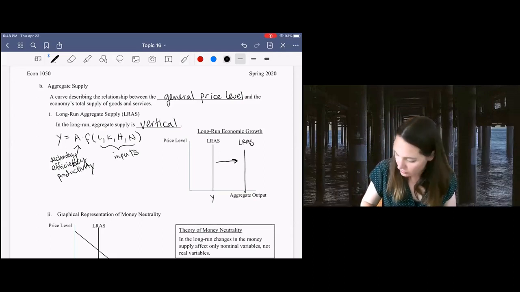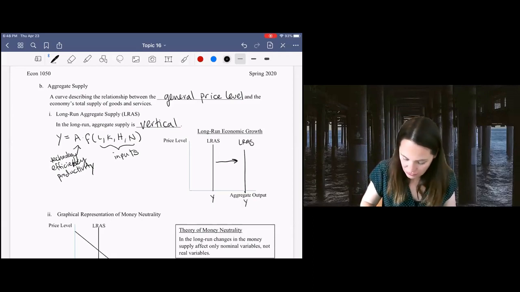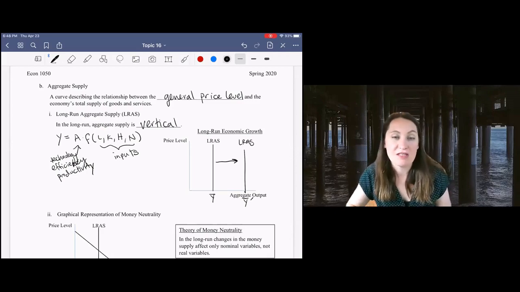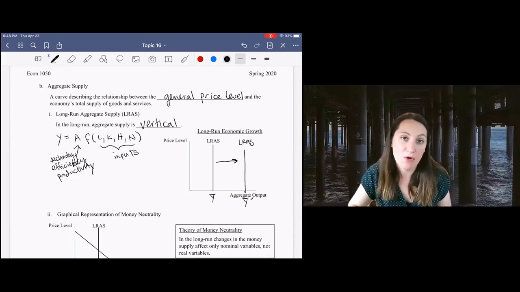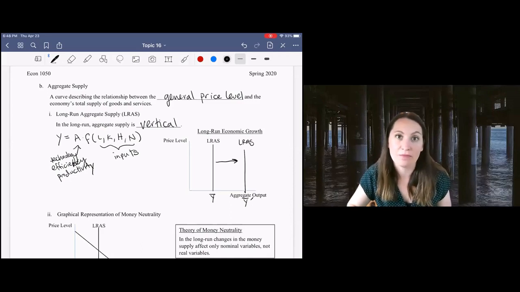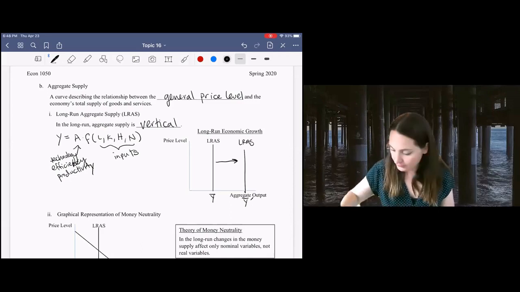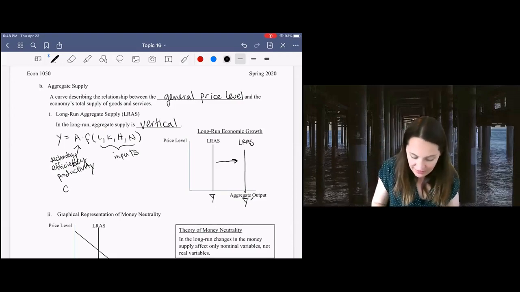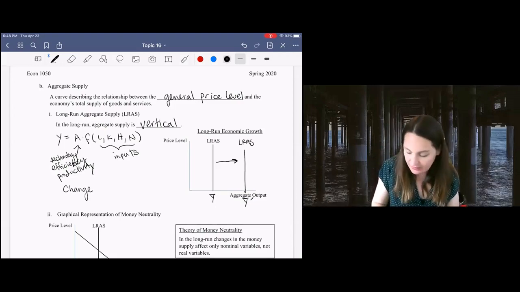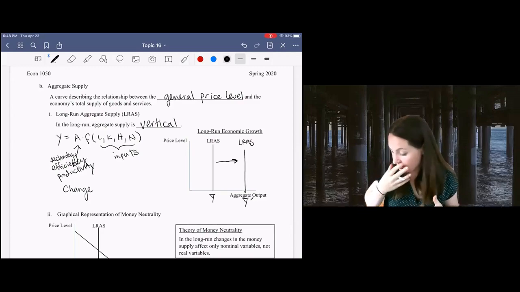We've moved to a new long-run level of output due to some change in either an input or in that A term: technology, efficiency, or productivity. What does not affect our level of output is the price level.